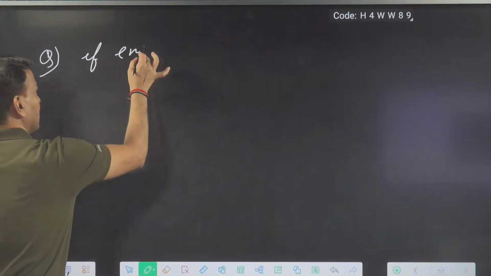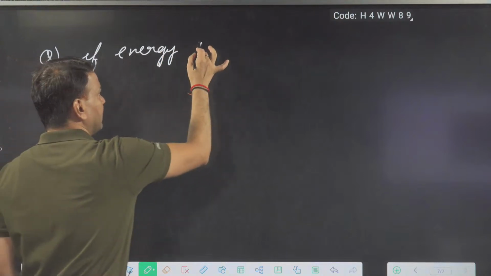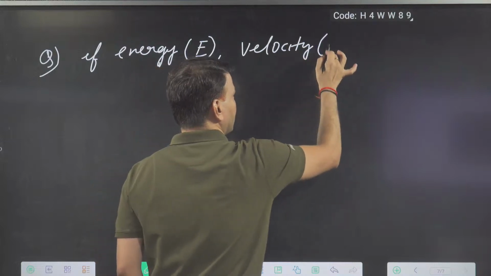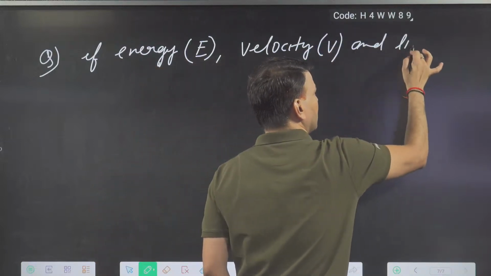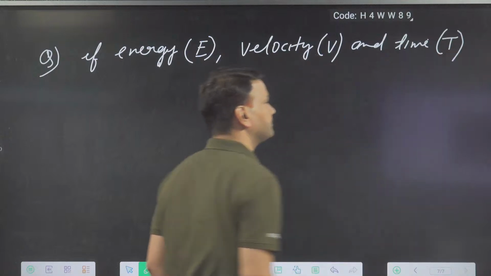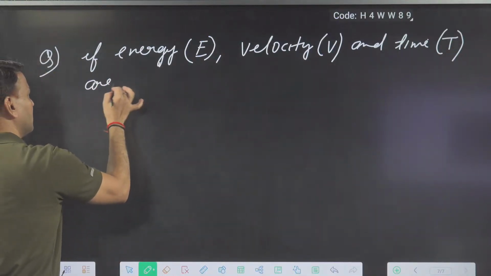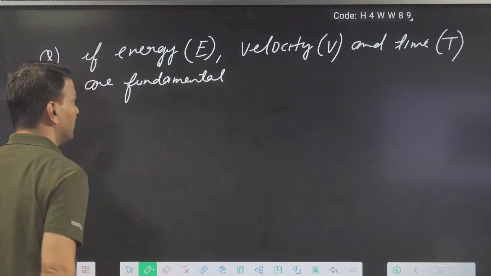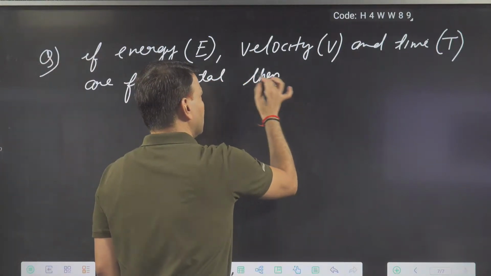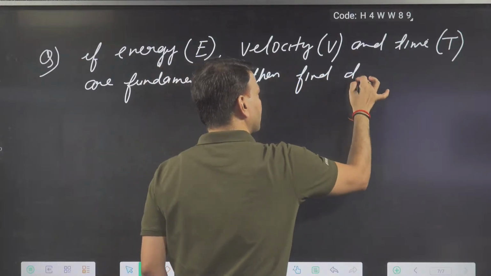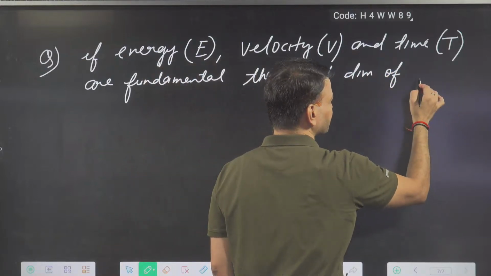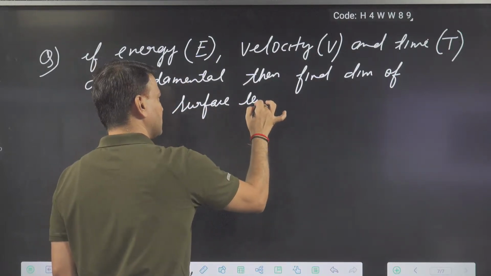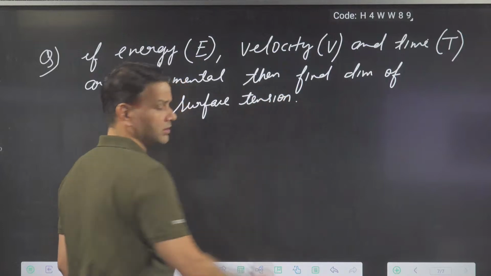If energy E, velocity V and time t are fundamental, then find the dimension of surface tension.